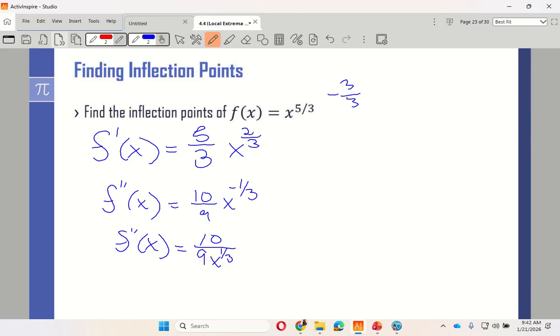All right, so in this case, x cannot be what? It can't be 0, right? Because why? I can't have 0 in the denominator. Now, that 1/3 means that it is the third root of x to the first.